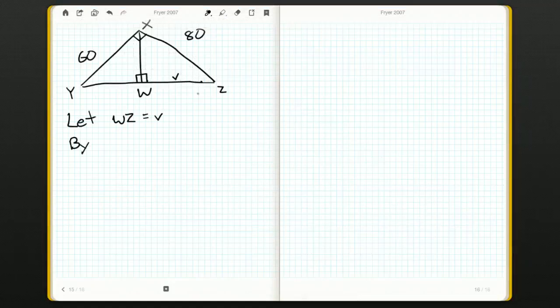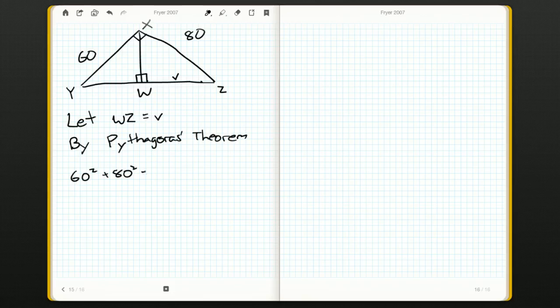So XYZ is a Pythagorean triangle. It's a right angle triangle. So by the Pythagorean theorem, 60 squared plus 80 squared is going to be YZ squared.